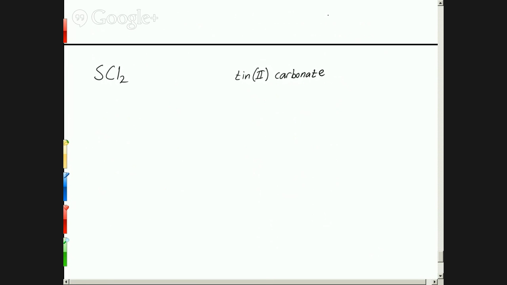See what you can do with this. I'm not going to give any hints, and then we'll go through it in a couple minutes. See if you can get a name for the one on the left and a formula for the one on the right. This definitely takes practice. This is the first time we've talked about it. It's going to take some time of you sitting home with some problems to really work this thing out. But I think we got a good start.